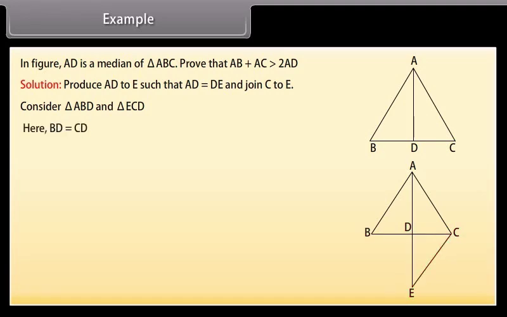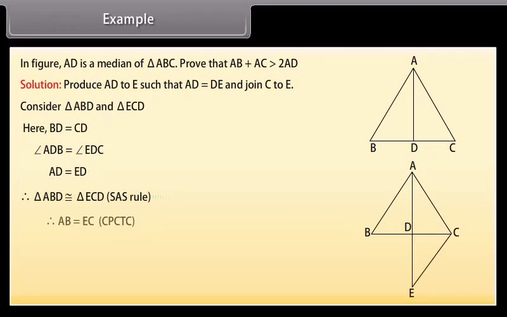Here BD is equal to CD. Angle ADB is equal to angle EDC. AD is equal to ED. Therefore, by SAS congruence rule, triangle ABD is congruent to triangle ECD. Therefore, AB is equal to EC, CPCTC.